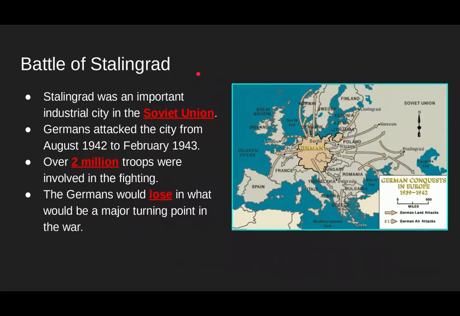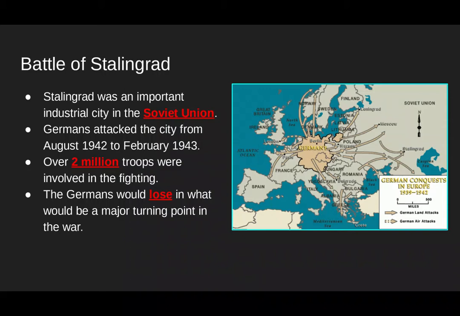But toward the tail end of 1941, two really key events happened that we talked about in that previous lesson, one being Germany's invasion of the Soviet Union, the other one being the Japanese attack on the naval base of Pearl Harbor on the island of Hawaii.